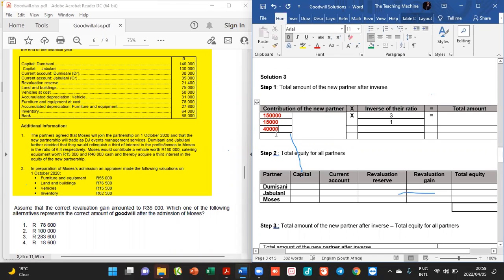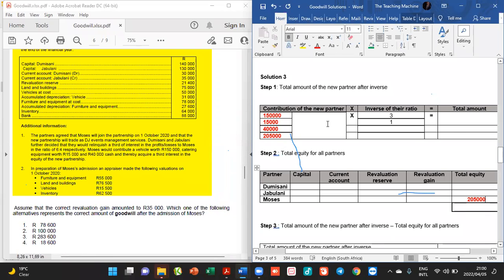And the total should be how much? 205,000. Where do we record this 205,000? Under Moses, total equity for the new partner. Exactly, 205 under Moses. So after working out the contribution of the new partner, quickly transfer it to the total equity.